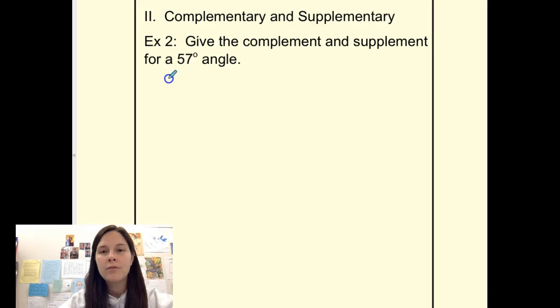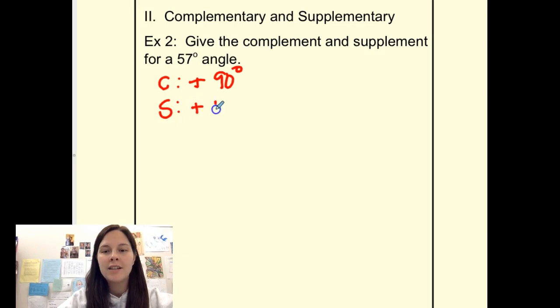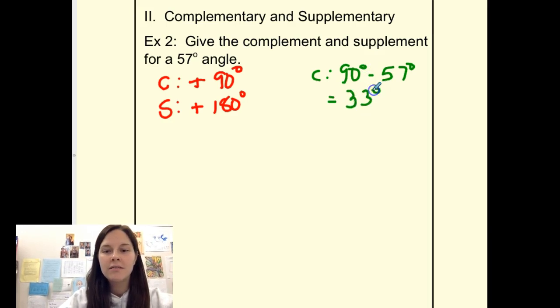All right, this should be a quick refresher of complementary and supplementary angles. As a reminder, complementary angles add to 90 degrees, and supplementary angles add to 180 degrees. So when we're finding the complement for a 57-degree angle, we would take 90 and subtract the 57 degrees, which would give us a result of 33 degrees.